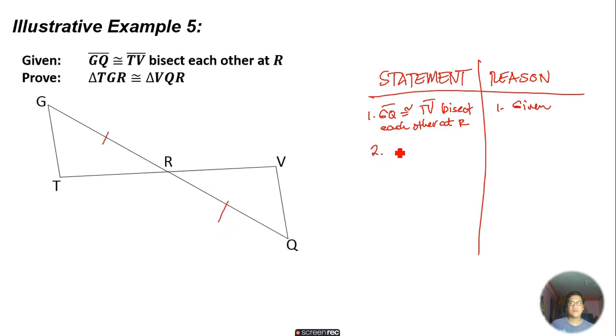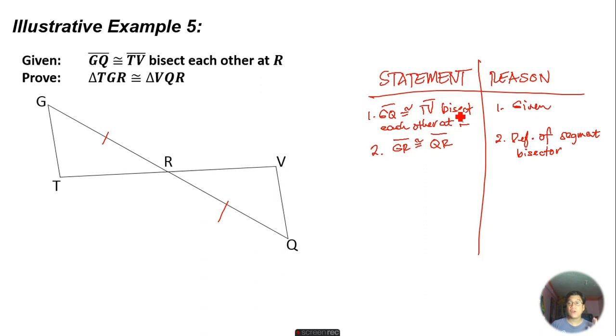So number 2, GR is congruent to QR. Now, the reason is, I am going to write definition of segment bisector, because it's understood from the given that it bisects. It did not say a midpoint.